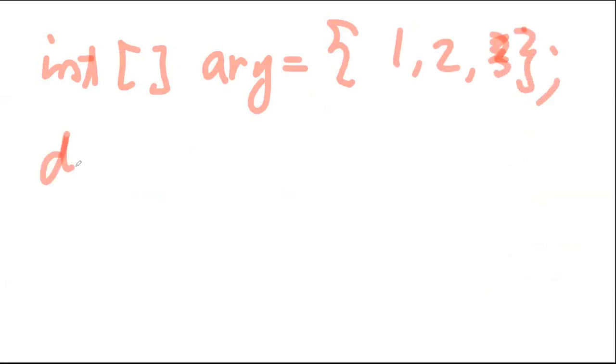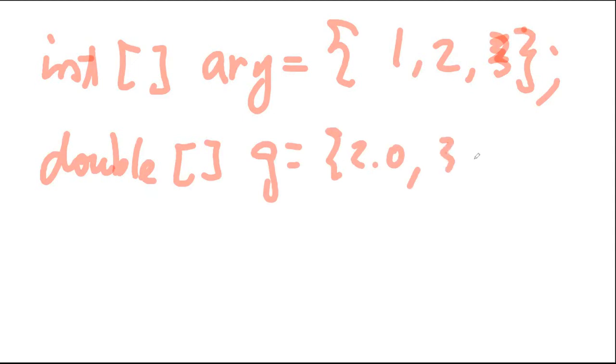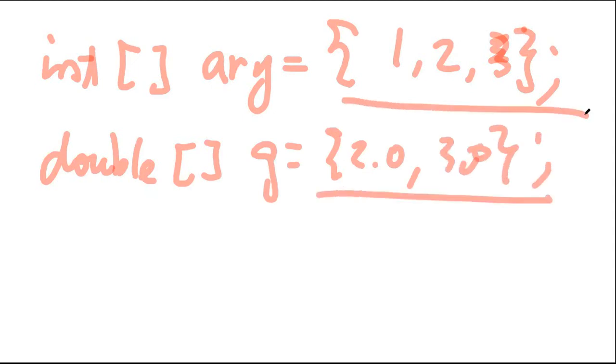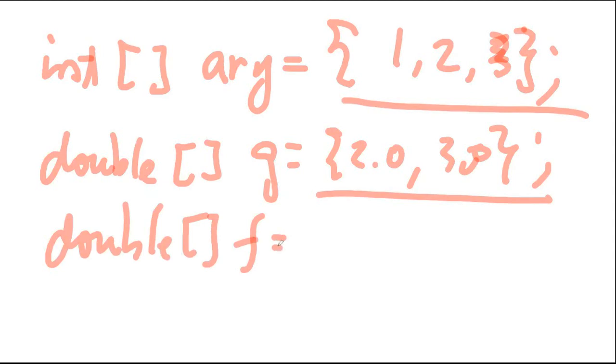We can have a double array G equals 2.0, 3.0. But if we don't have this, then we can do double F equals new double, and over here I put 5.